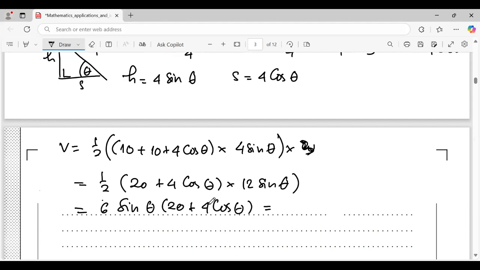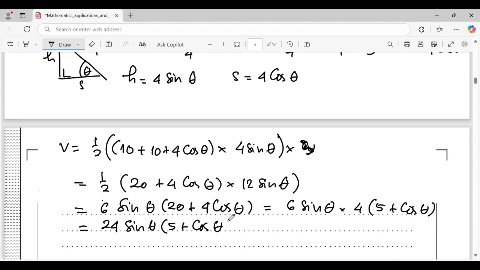Now factorize 20 and 4 becomes 6 sine theta multiply 4, 5 plus cosine theta. 6 multiply 4 is 24 sine theta multiply 5 plus cosine theta.